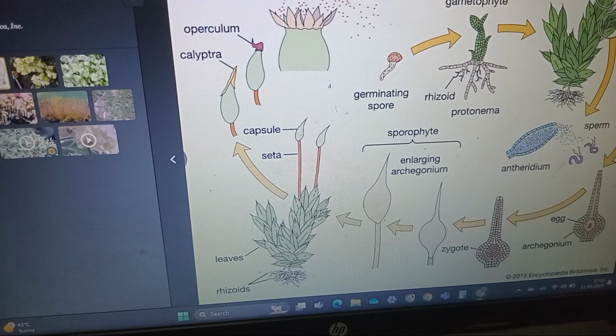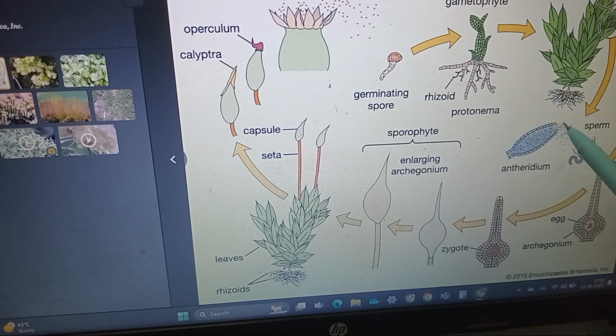On the tip of the leaf the gametes are produced. The male sex organ is called antheridium. The female sex organ is called archegonium. The antheridium is producing biflagellated antherozoids, and archegonium is producing one egg.